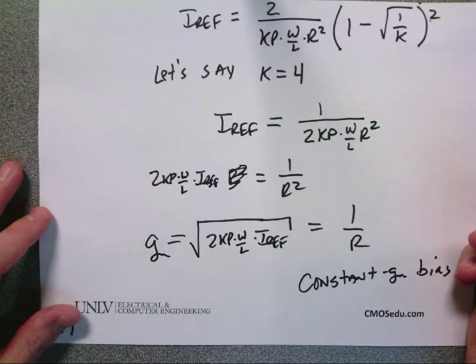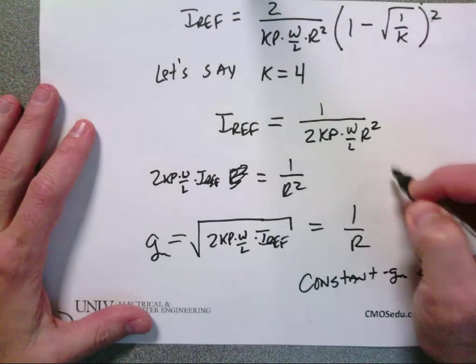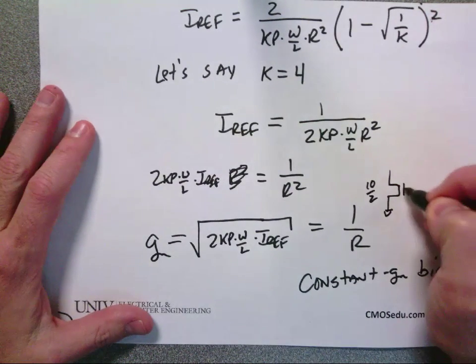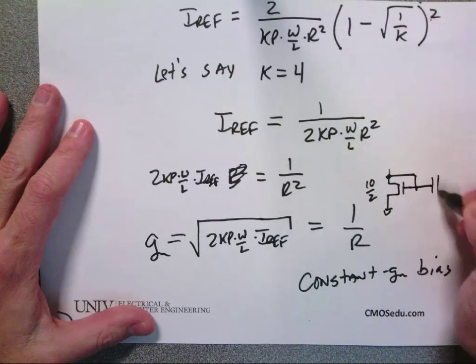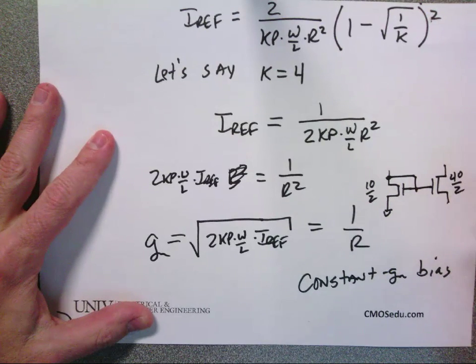So let's look at the back of the book, table 9.1, and let's sketch the sizes. Our basic size is 10 by 2, and that's diode connected. That's what we reference. And then over here, we're going to use this as a 40 by 2.